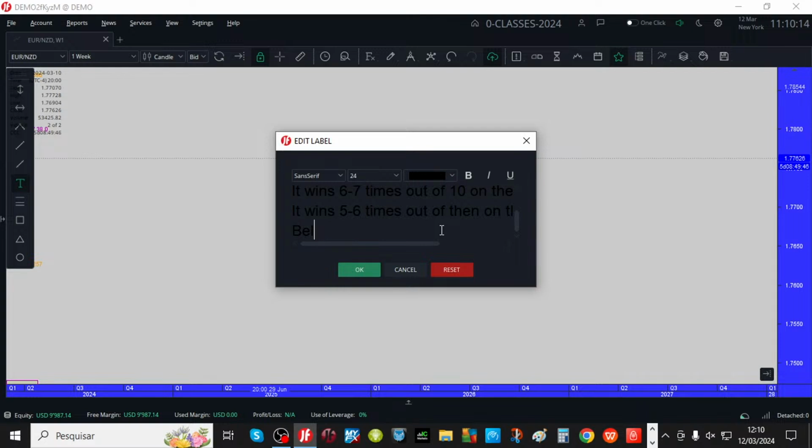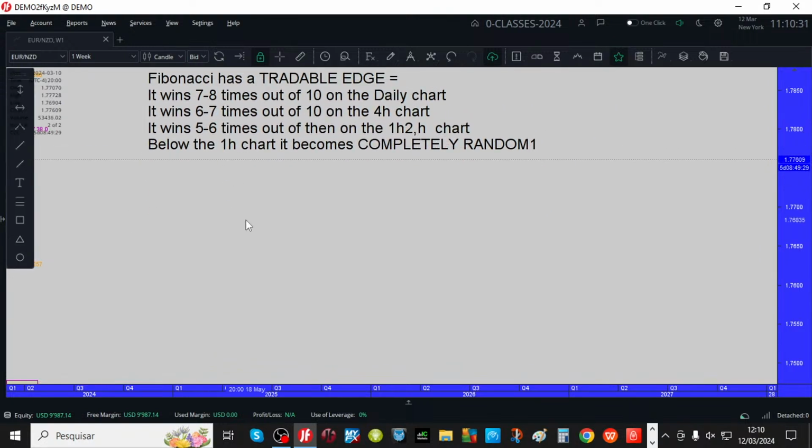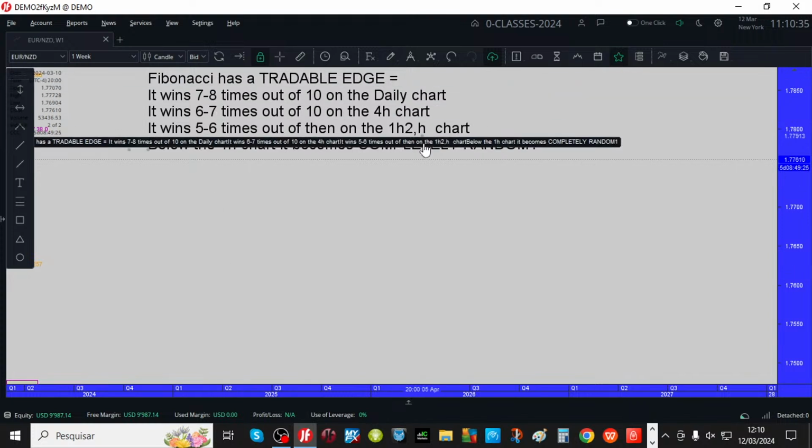Below the 1-hour chart, it becomes completely random. Alright, everybody? This is not a rule, this is statistically speaking. Fibonacci has a tradable edge.